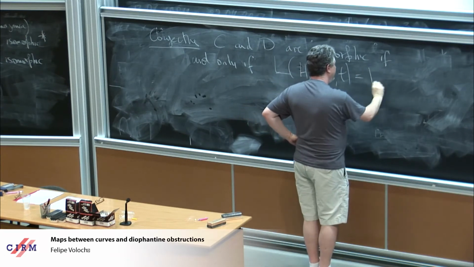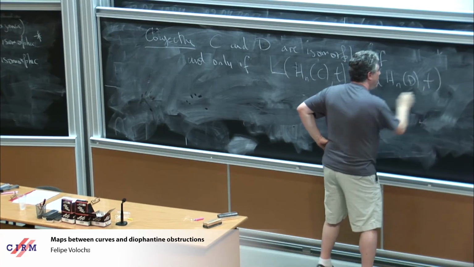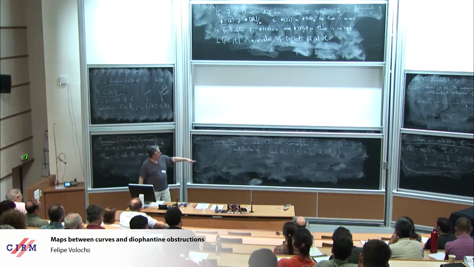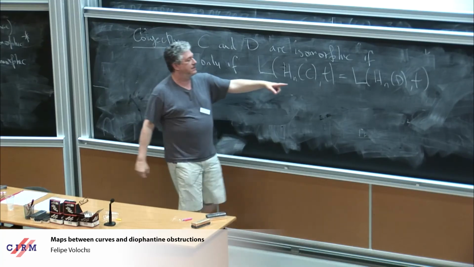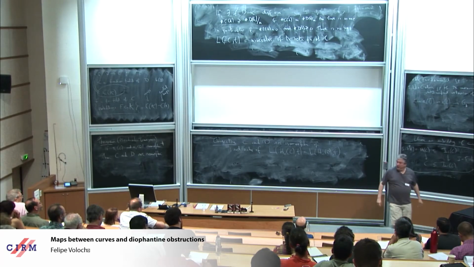So maybe you're going to be upset with me, but there you go. So that's what I wrote in my notes. C and D are isomorphic if Hn C is the same as Hn D.